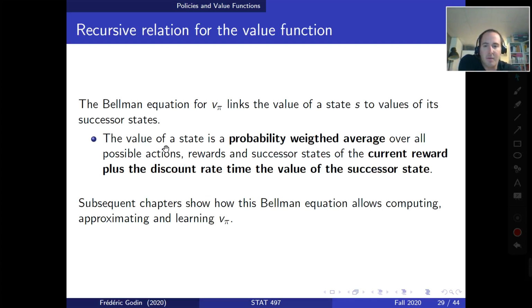For a given policy pi, the value of a state is a probability weighted average over all possible actions, rewards, and successor states of the current reward plus the discount rate times the value of a successor state.